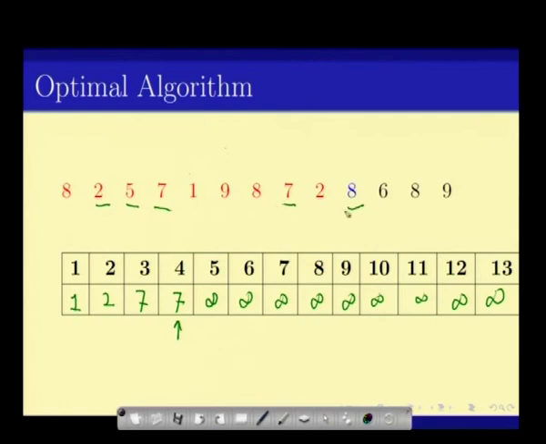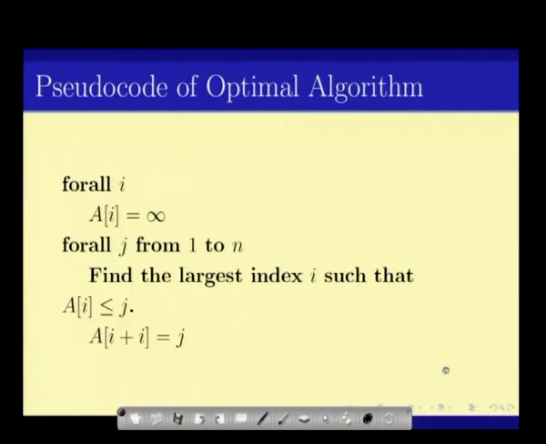So, I can add myself to it and get an increasing subsequence of length 5, and so I can update this value from infinity to 8. In other words, we keep on updating this array every time. The idea is that every time we find the largest index i such that ai is less than or equal to aj, and update a(i+1) equal to aj.